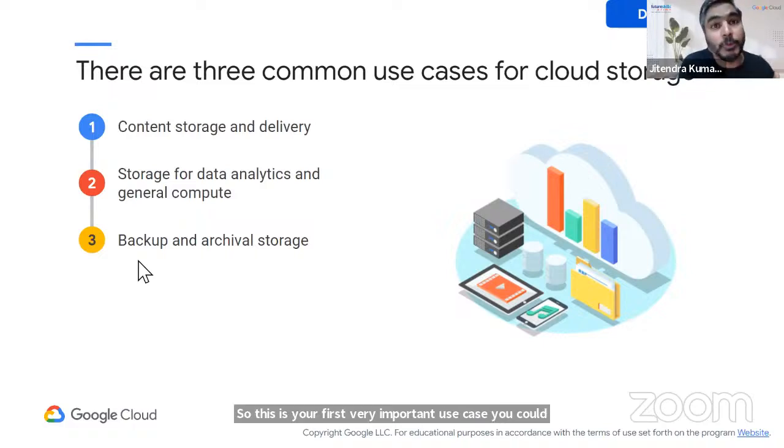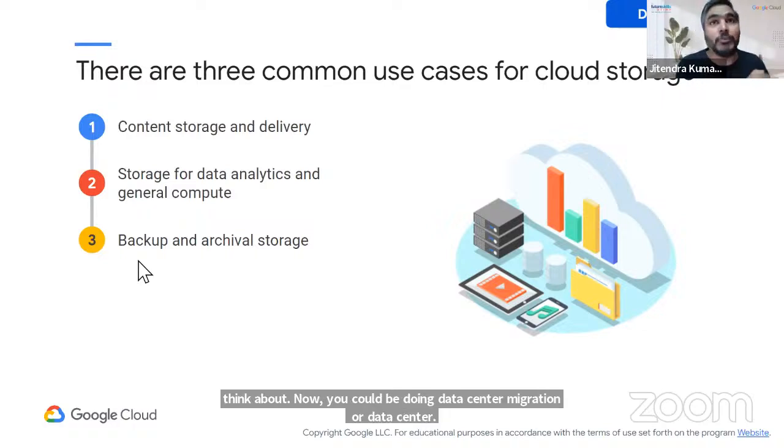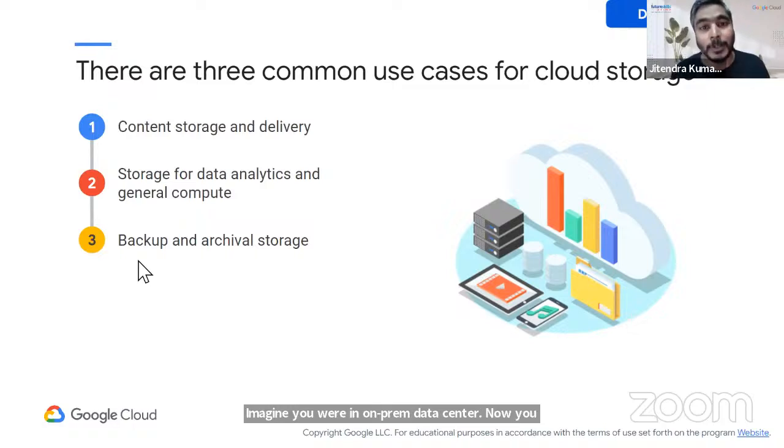Now, hey, you could be doing data center migration or data center exit. Imagine you were in an on-prem data center. Now you want to move to Google Cloud, right? You might have a lot of legacy data, petabyte size, tons and tons of data that you want to immediately move, even before you decide what you will do with that data, how you will process it, whether you will need to massage and transform it.